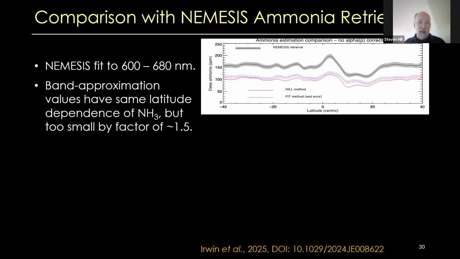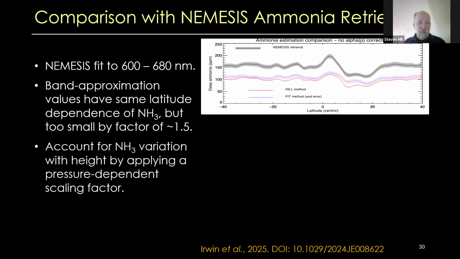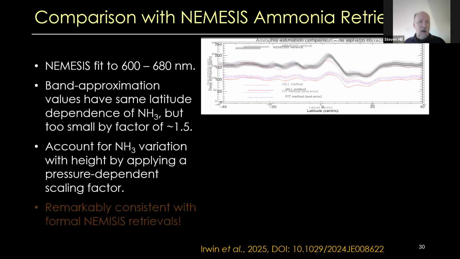The band approximation values, as you see at the bottom of this panel, as well as the purple, which is another method that's a variation on that Pat worked on, show the same latitude dependence of NH3, but it's too small compared to the NEMESIS retrieval by a factor of about 1.5. Why is that? Well, we need to account for the ammonia variation with height by applying a pressure-dependent scaling factor. I'll go into that a little bit in the next slide or two.